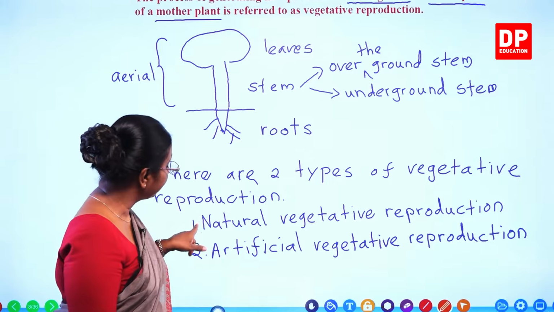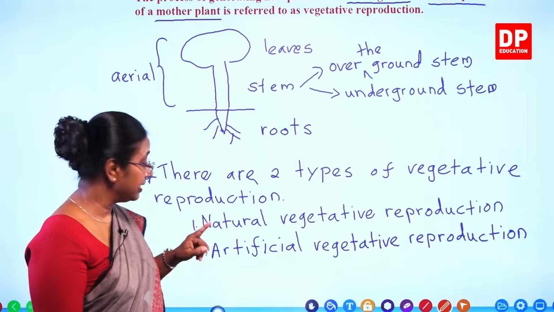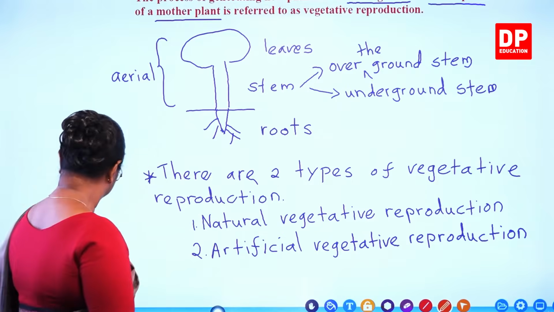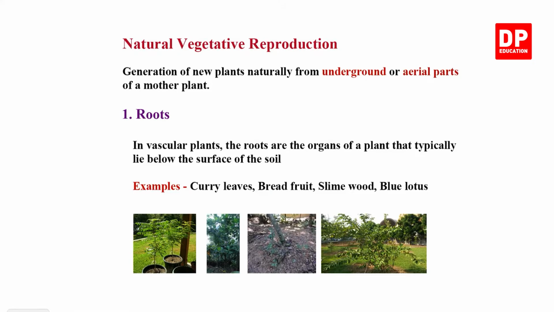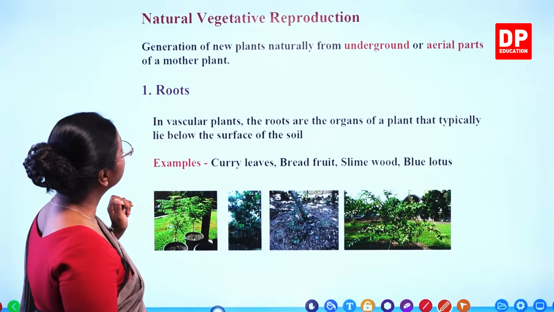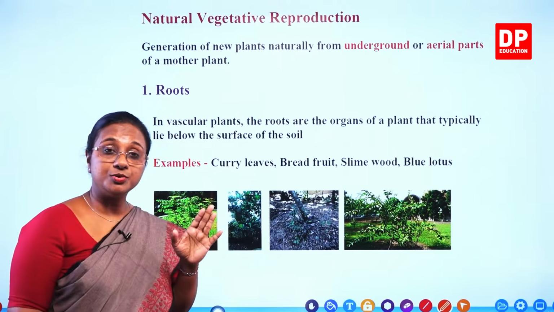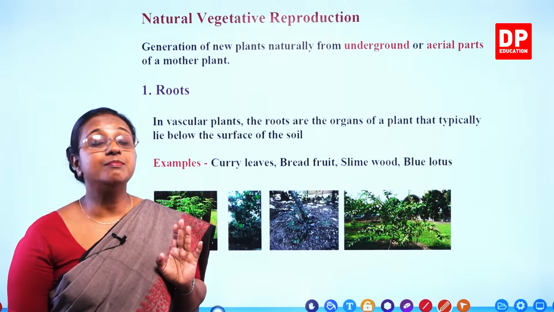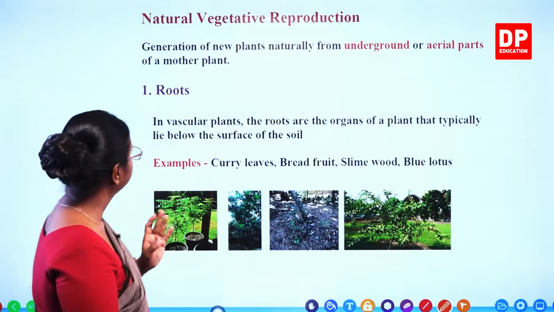So, with that, I will move on to the next slide where I discuss natural vegetative reproduction in plants. So, when we say natural vegetative reproduction, from the term, you all know students, it occurs naturally, and also the vegetative parts of the plant are involved.